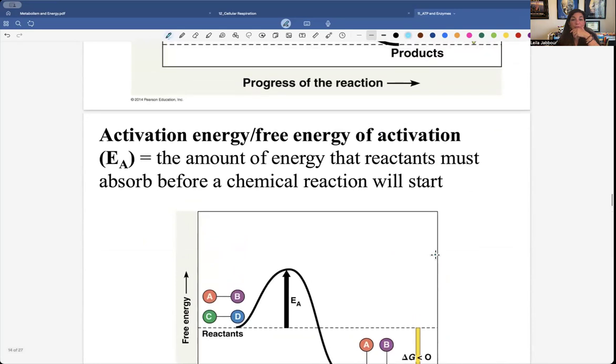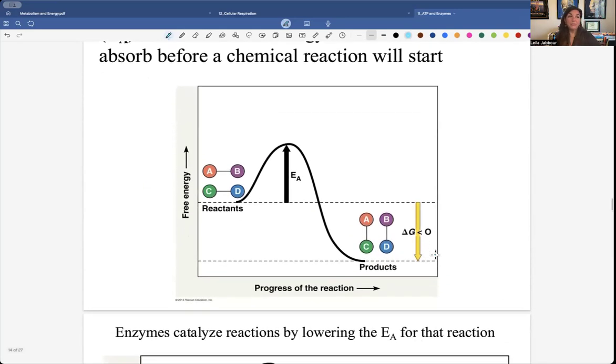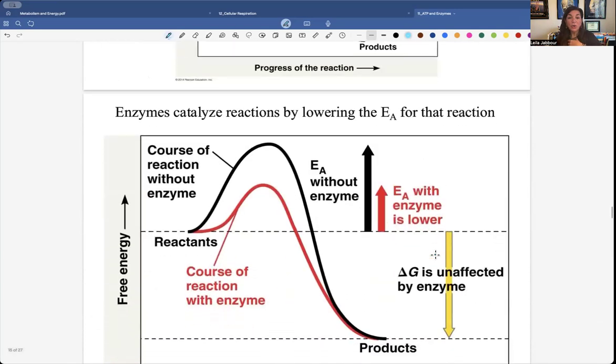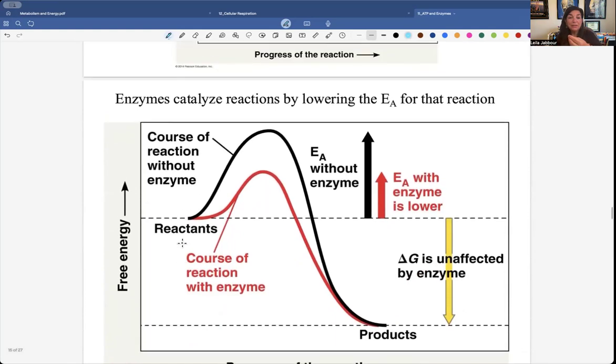So what do enzymes do? How is that related to our topic of enzymes? Well, what enzymes do, and that's the magic of enzymes, is they reduce the level of activation energy needed.